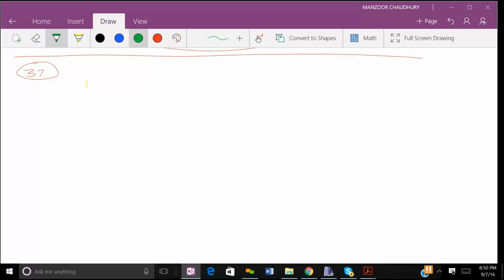So what's the table? Okay, started with the table.